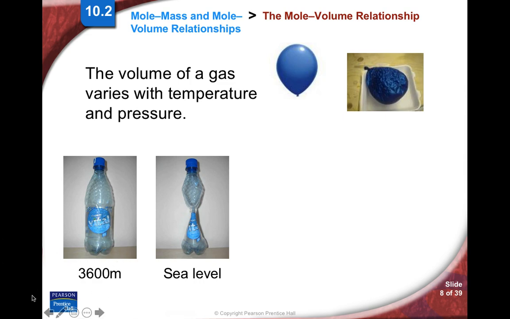And of course, this is a little deceptive. 3,600 meters is actually almost 12,000 feet in the air, way higher than our passes. But you've probably had something like this happen. If you take a sip of your water, put the cap back on, drive back home from Pinecrest or Dodge, then your bottle probably won't be quite that compressed, but same idea.